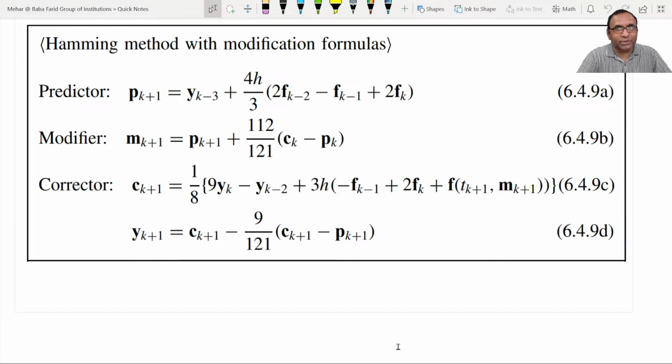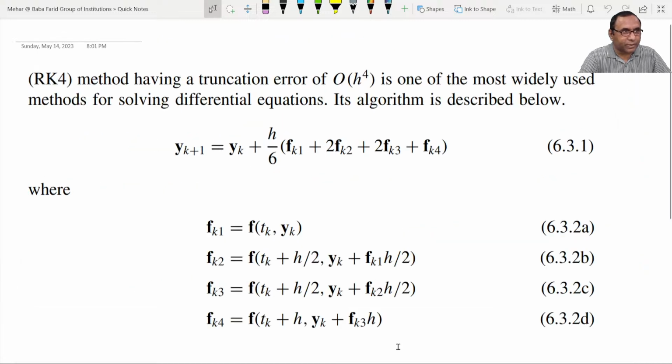Along with them, we will discuss the Runge-Kutta fourth order method. The most important thing is that this method has already been discussed in the last session, but it will still help us in many ways to understand the other two methods, which are predictor and corrector.